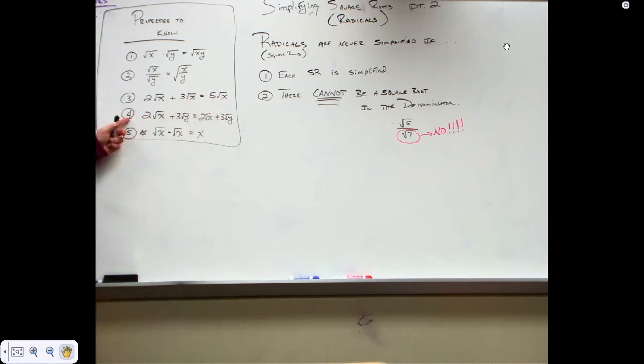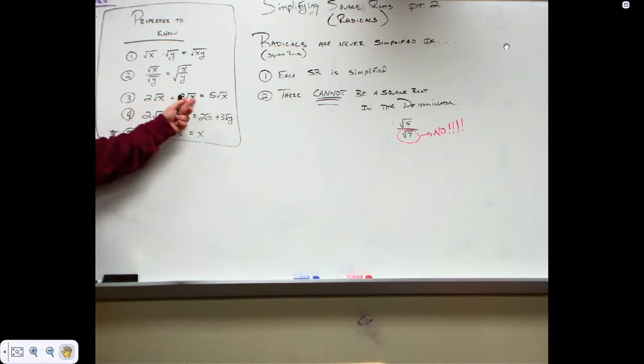In 4, was I able to combine the 2? Why do you think that is? What's the only difference between this expression and this expression? There's a y underneath the radical here, and there's an x here. Why do you think I could add those two? She said because they're like terms, but why are they like terms? They have the exact same thing under the radical sign.